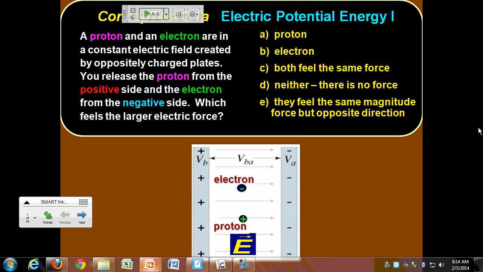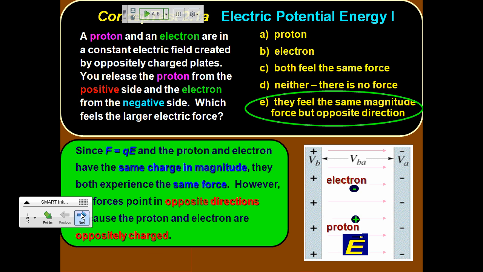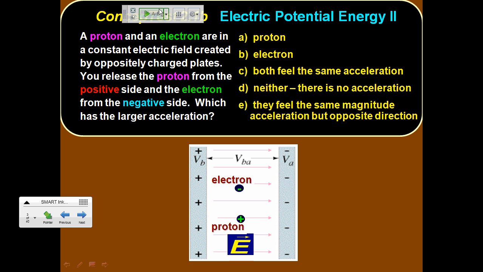If we think of the field, that there's a field in here, and the force due to the field is equal to Q times E. Since they both have the same charge, they both feel the same force, because they're in the same field. But since they're oppositely signed charges, they're in opposite directions.